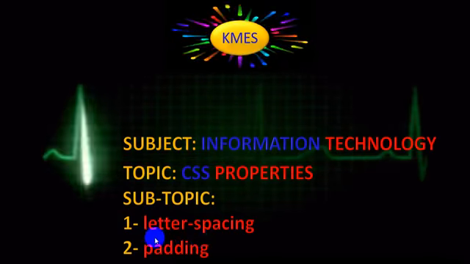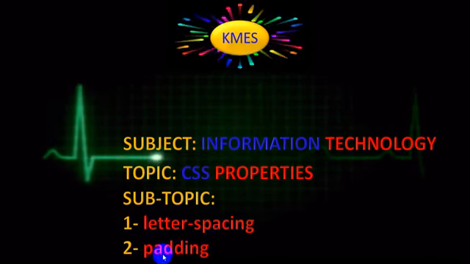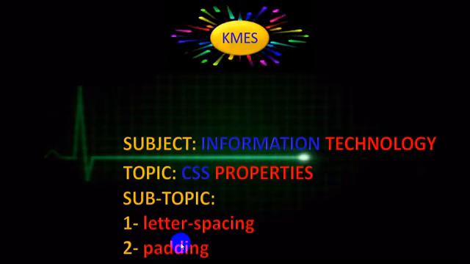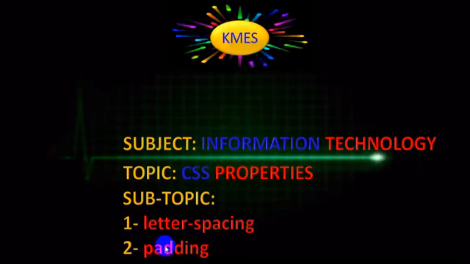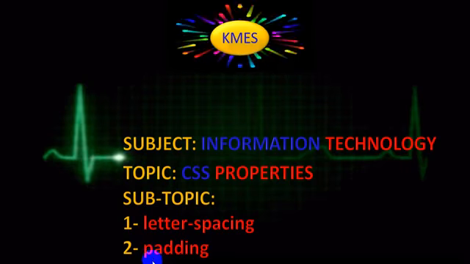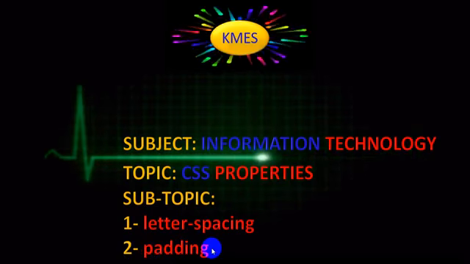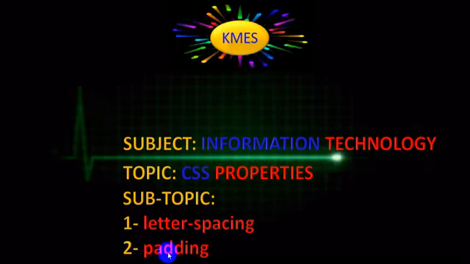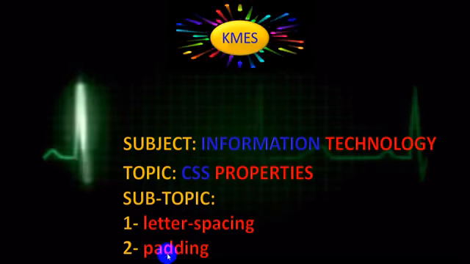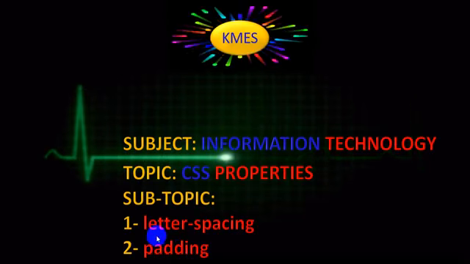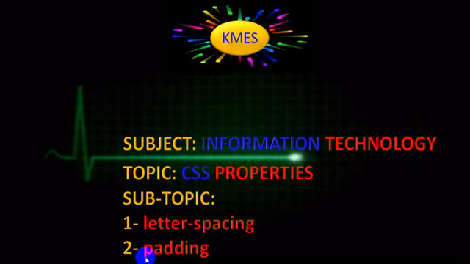For example, I am using H1 and I have used the padding property on that H1, so it will assign some blank space before H1 and after H1 and on the left hand side of the H1 and right hand side of the H1. It will not add blank space between the characters, it will add above, below, left and right.